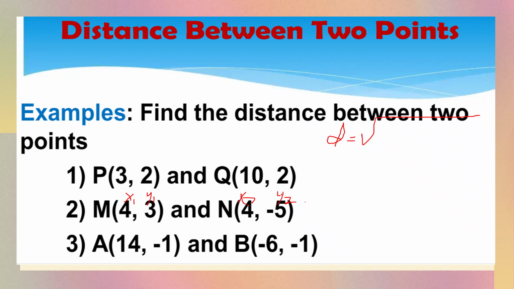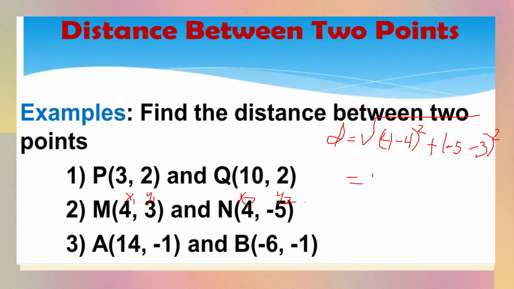So we have 4 minus 4 squared plus negative 5 minus 3 squared.